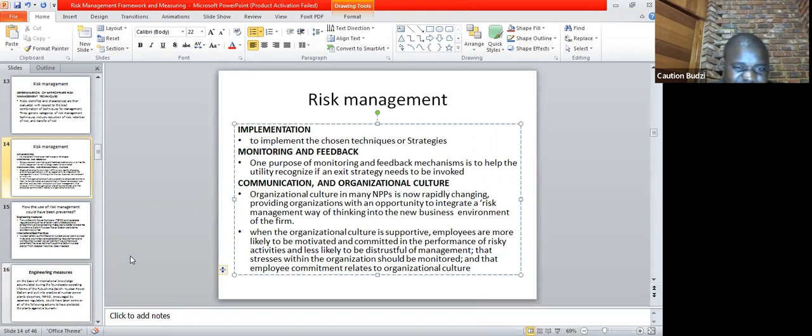So this is basically the risk management process. If this process of risk management had been implemented in a more serious way, this disaster could have been avoided.